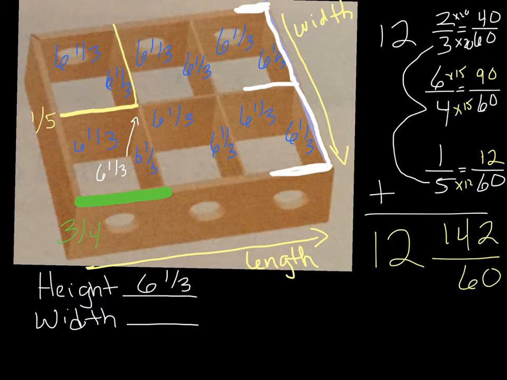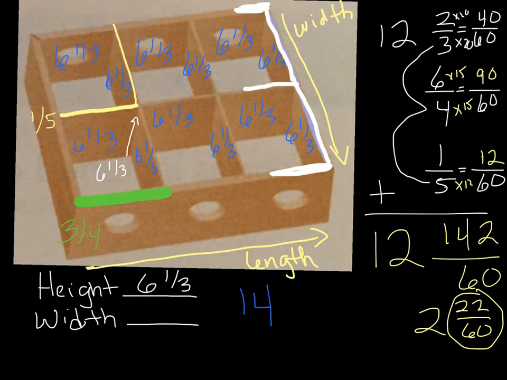It'll go in there 2 times, and 60 times 2 is 120, so that would leave us with 22 left over out of 60. This fraction here is still not simplified, but we have our 12 plus our 2, which gives us 14, and our 22/60ths, which needs to be simplified.